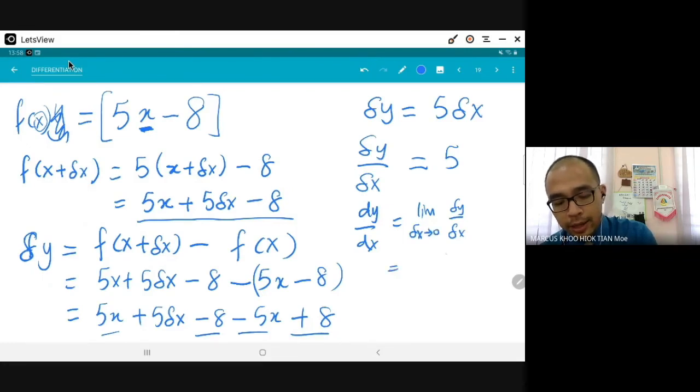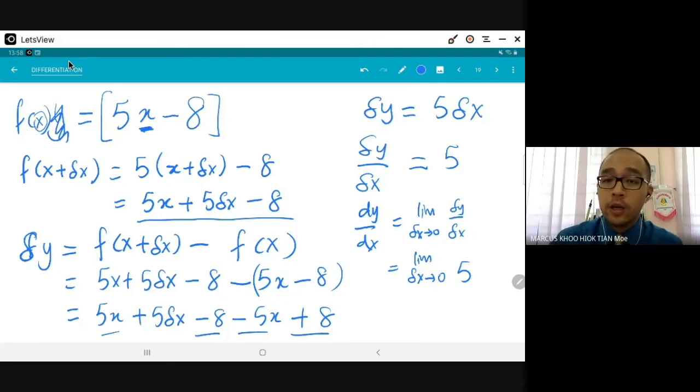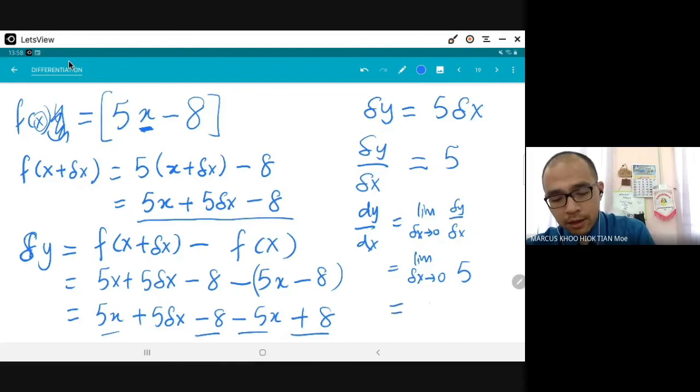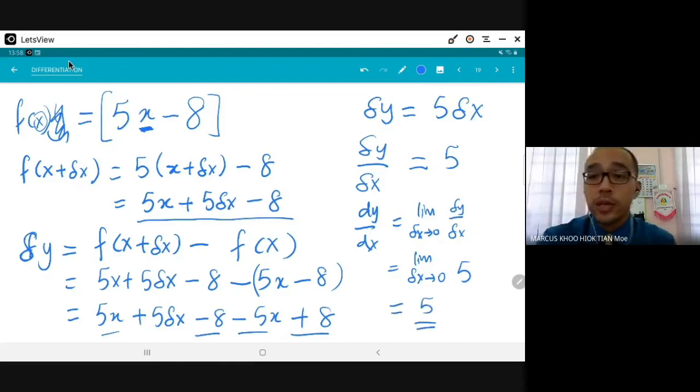Ganti del y del x, which is just 5, is just a number, okay? Limit of del x approaching 0. Now, if there is no del x over here, then there's nothing to ganti, right? If there is nothing to ganti, the limit is the number itself. Okay, so the answer is 5. Itu je. Okay, so the gradient is always 5 for this particular one. Okay, the gradient is always a fixed number.